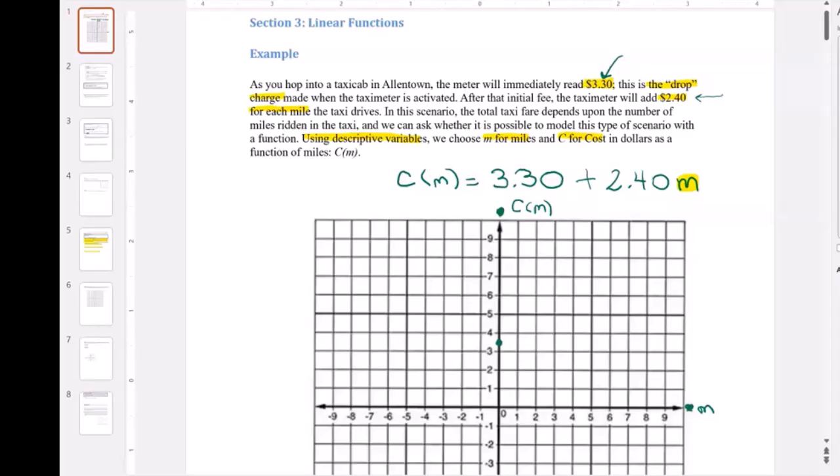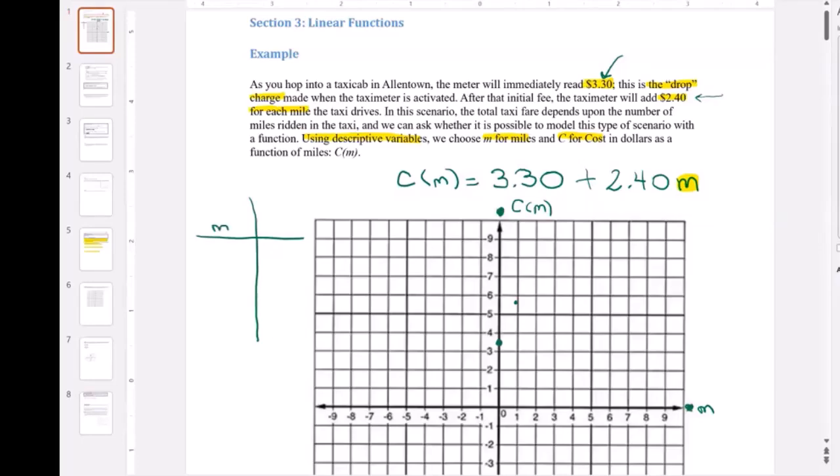When I go 1 mile, I'm going to take $3.30 and I'm going to add $2.40, which is going to give me $5.70. So 1 mile, here's 5, and let's say right here is 70 cents. Actually, let's make a little table over here.